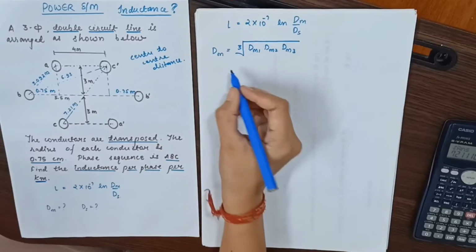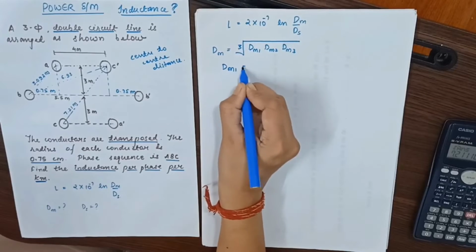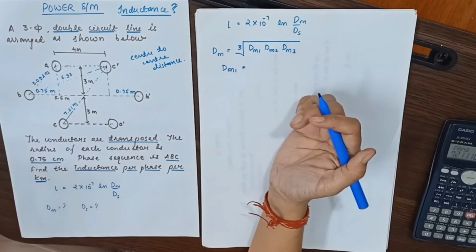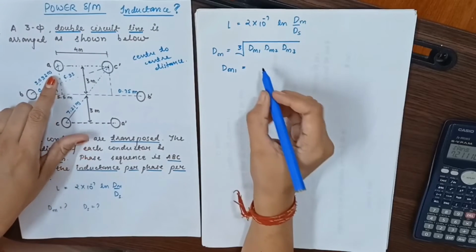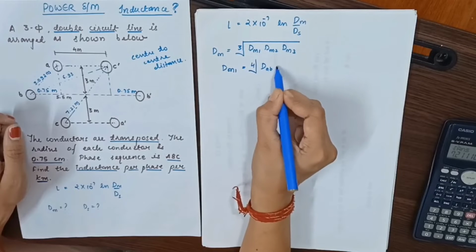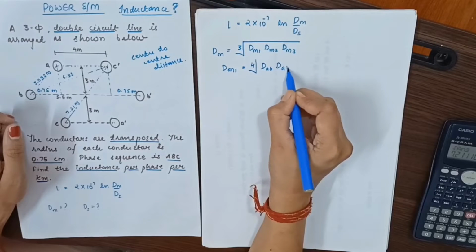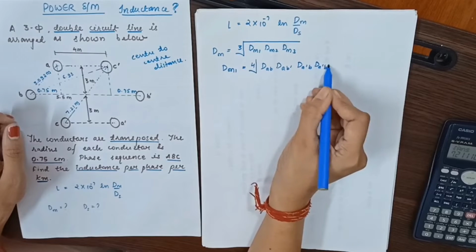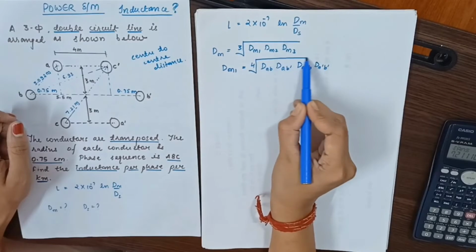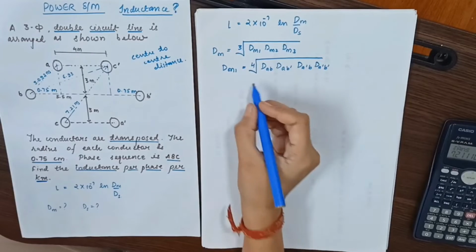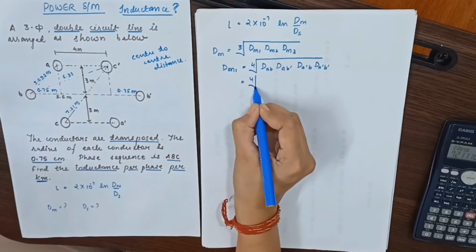Now to find Dm1, see, Dm1 is mutual GMD, right? So Dm1 will be between A and B. So DAB, DAB dash, DA dash B and DA dash B dash. Now we just have to write the distances and calculate.